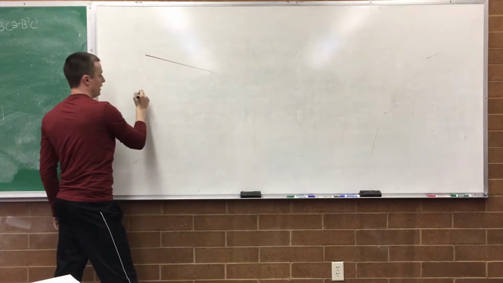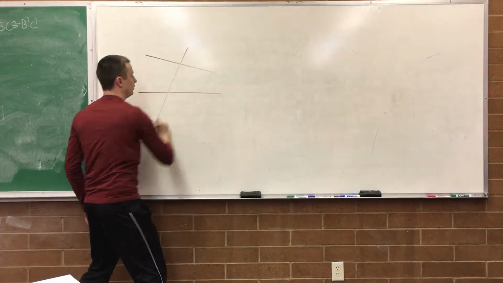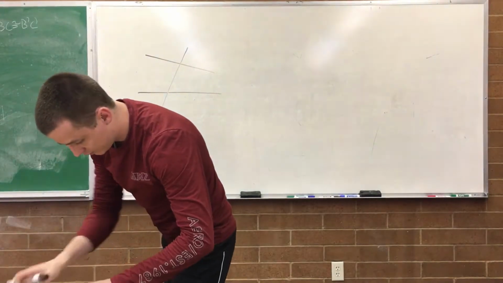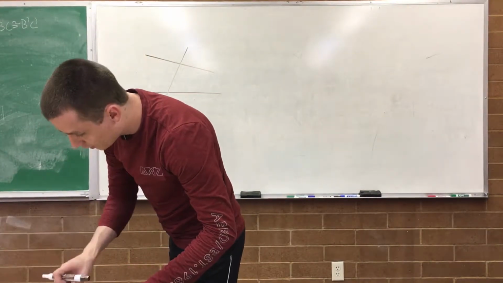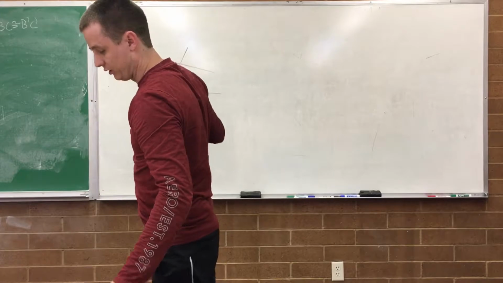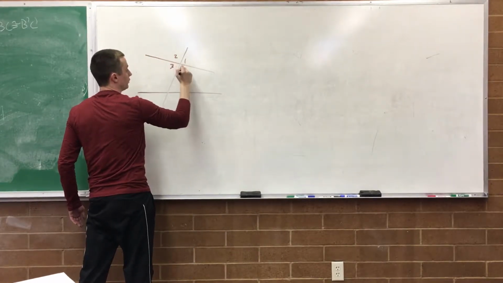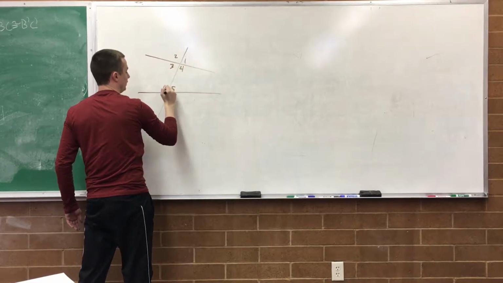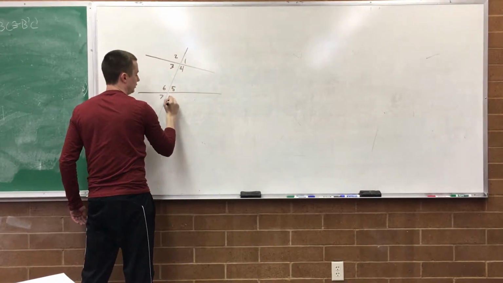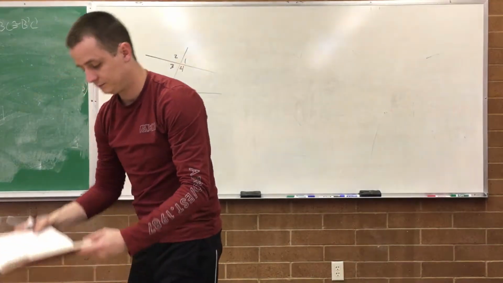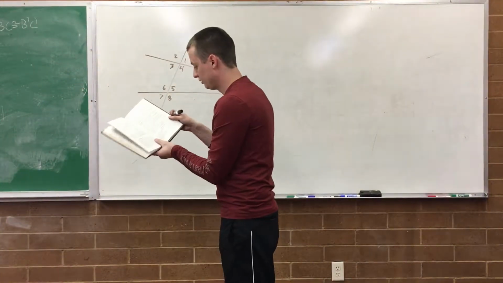So if we have 3 lines, all intersecting like that, let me name my angles the way that they do. 1, 2, 3, 4. So they call this angle 1, angle 2, angle 3, angle 4, angle 5, angle 6, angle 7, and angle 8. So definitions.